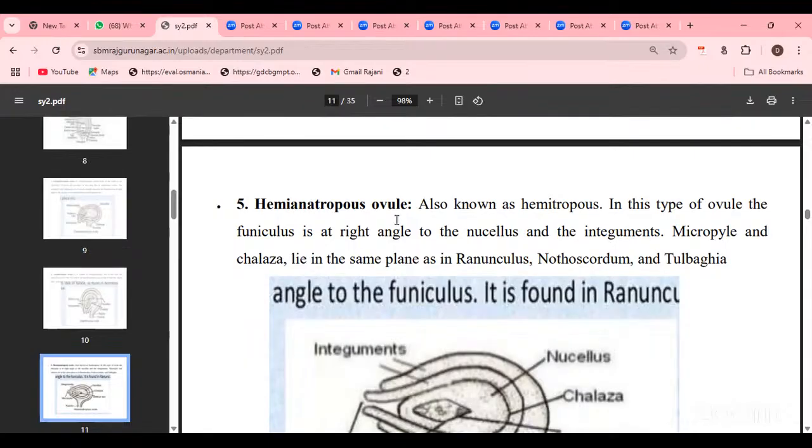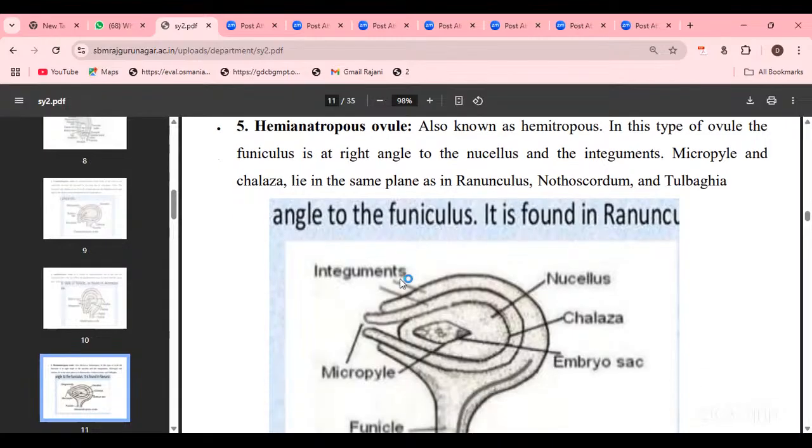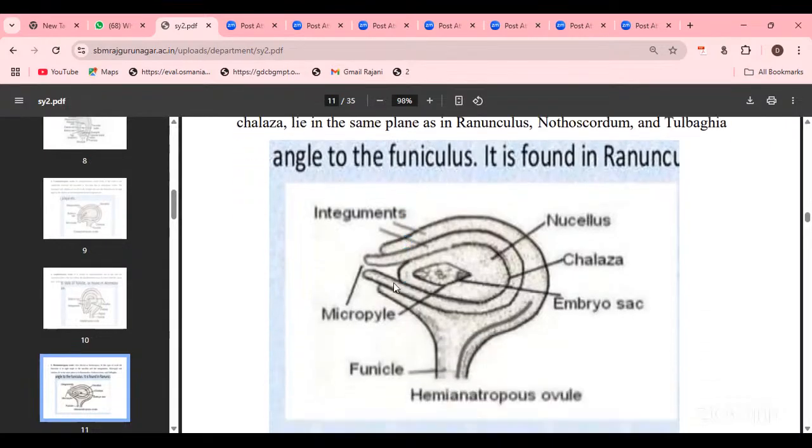In this type of ovule, the funicle is at a right angle to the integuments. The micropyle and chalaza lie in the same line, as in Ranunculaceae, Gnaphalium and Thulvegia. See, this one is a hemianatropous diagram. This is the picture of the hemianatropous ovule.